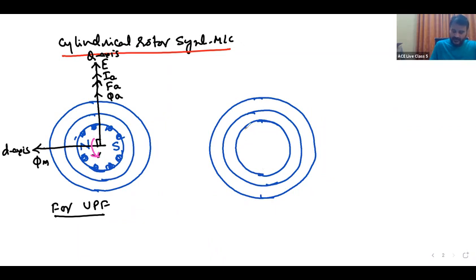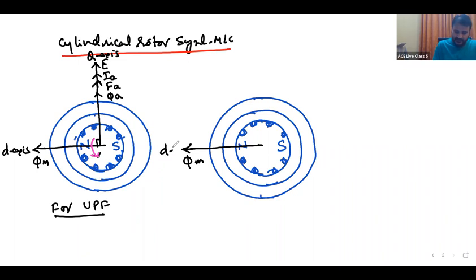So this is north pole and south pole, and the winding is here. Based on the current direction, this acts as a north pole and south pole. The main field flux is along the direct axis, but the induced EMF is always along the quadrature axis. I already showed this when drawing the phasor. This is the induced EMF, along the Q axis.